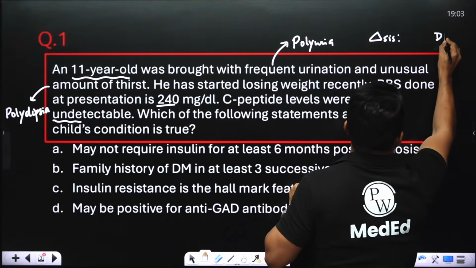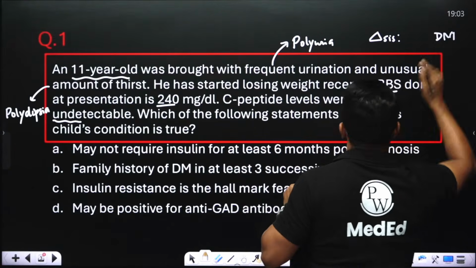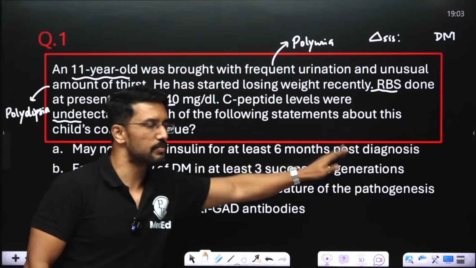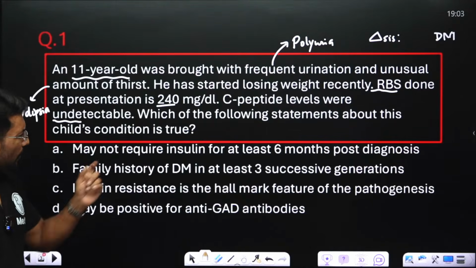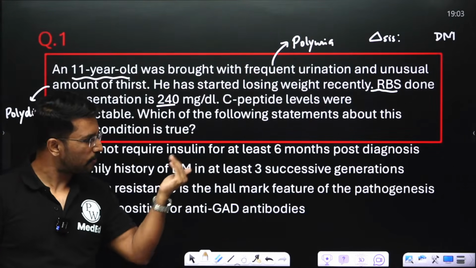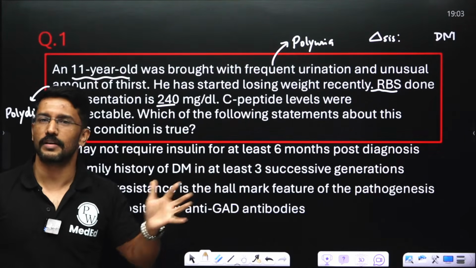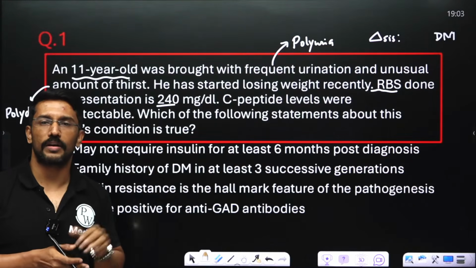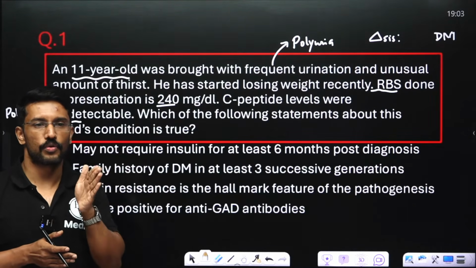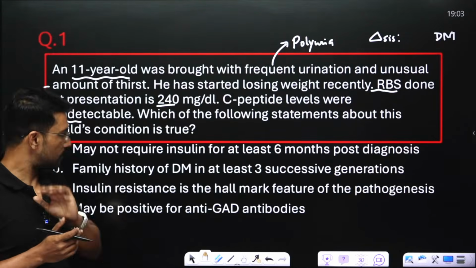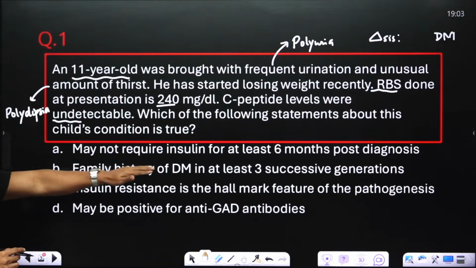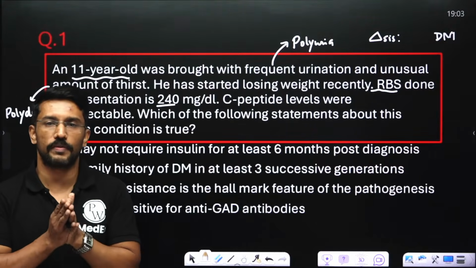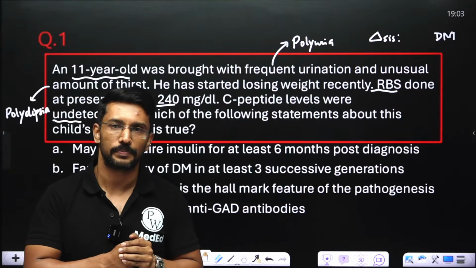Now I have to decide which type of diabetes it is to answer this question, because the options are: may not require insulin for at least 6 months after the diagnosis. Where do we talk about this? It was part of the diagnostic criteria for an entity called LADA, latent autoimmune diabetes of adults. Then, family history of DM in at least 3 successive generations.